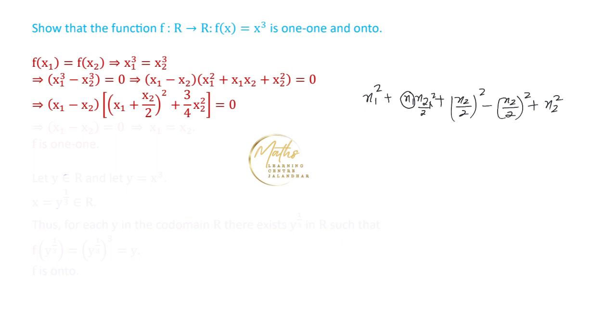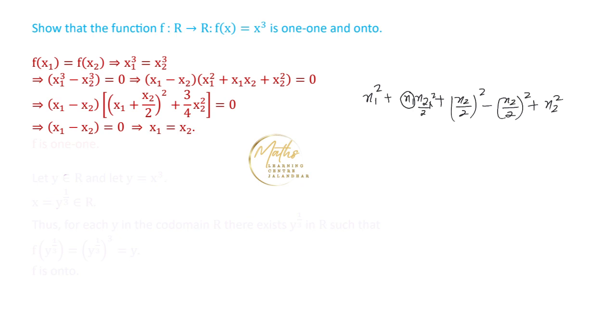And clearly we can see this term is a square, it is greater than or equal to 0. This term is also a square, it is greater than or equal to 0. And we have two cases over here. Either this value is equal to 0 or this whole value is equal to 0. So in the first case, this implies x1 minus x2 is equal to 0, which implies x1 is equal to x2.